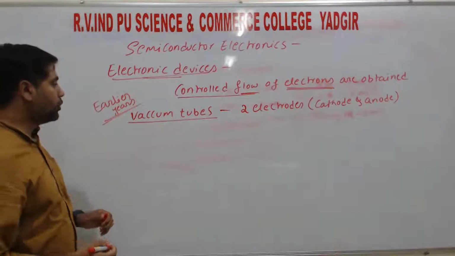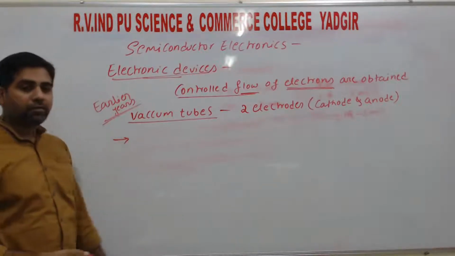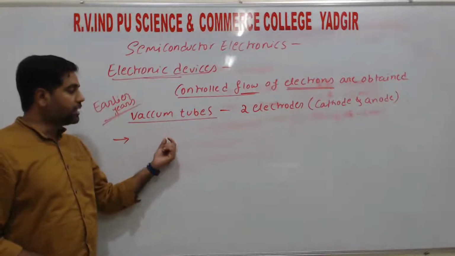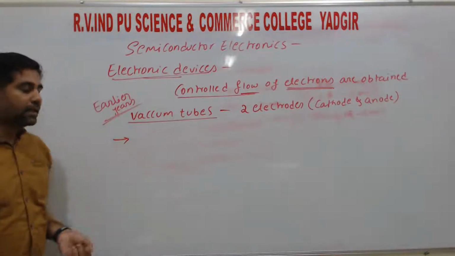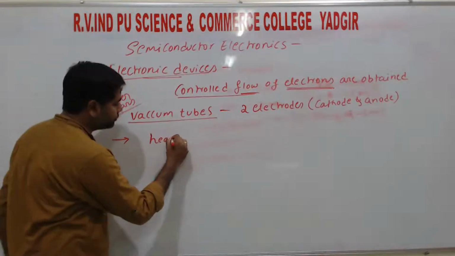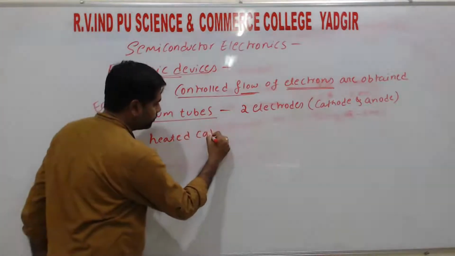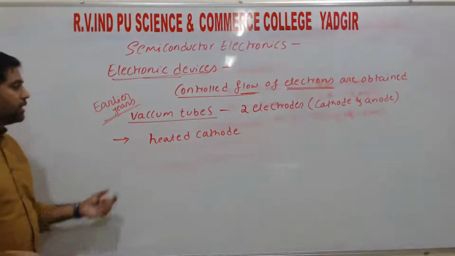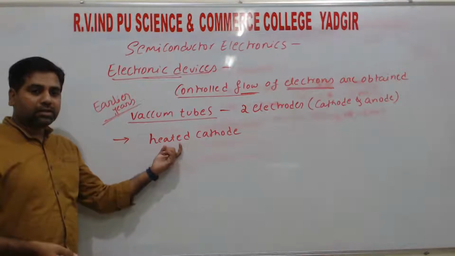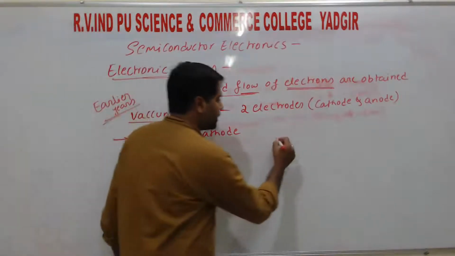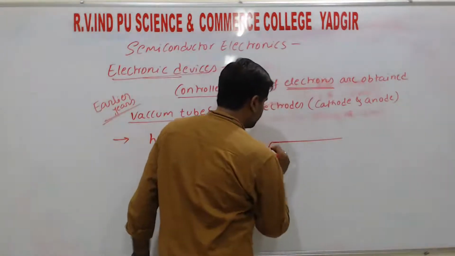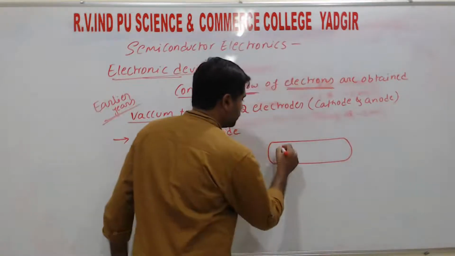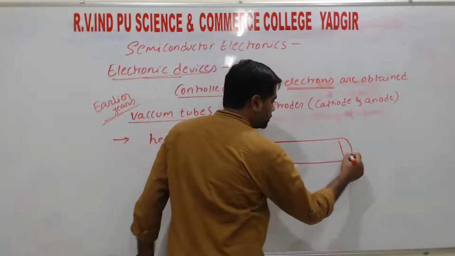In vacuum tubes, the electrons which pass are supplied by the heated cathode. If we consider this as one tube, here we have two electrodes.